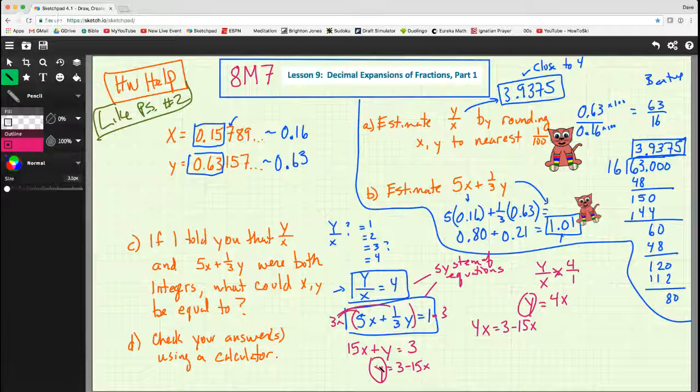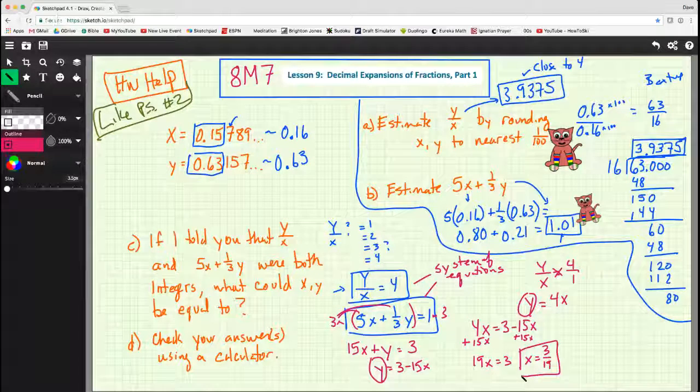Right? If y is 4x and y is this, then this must equal that. So let's add 15x to both sides, and we get 19x equals 3. And so x equals 3 over 19.